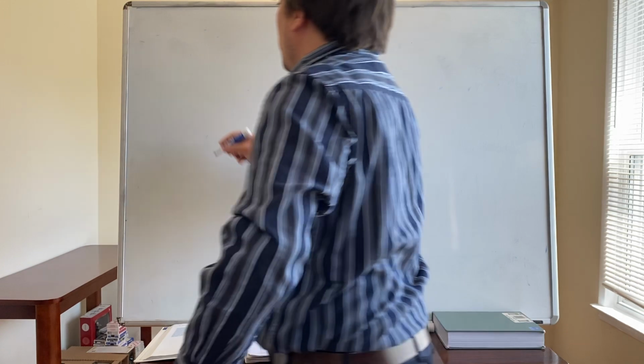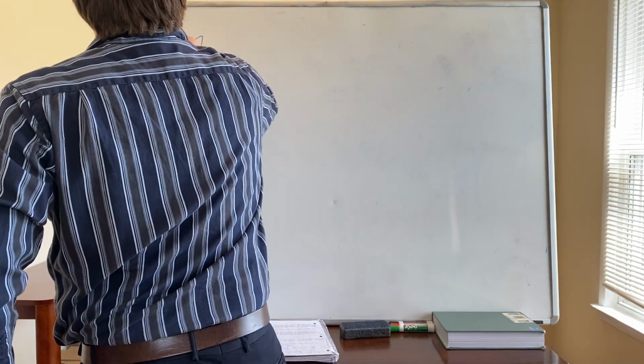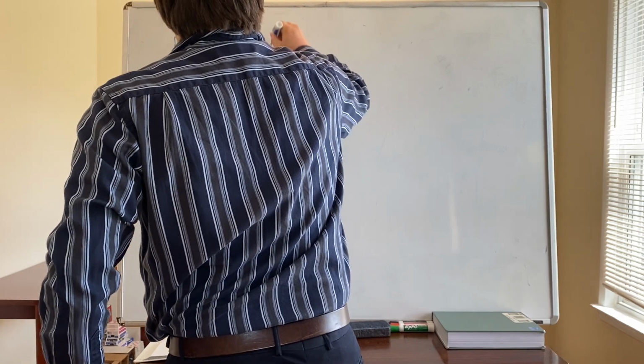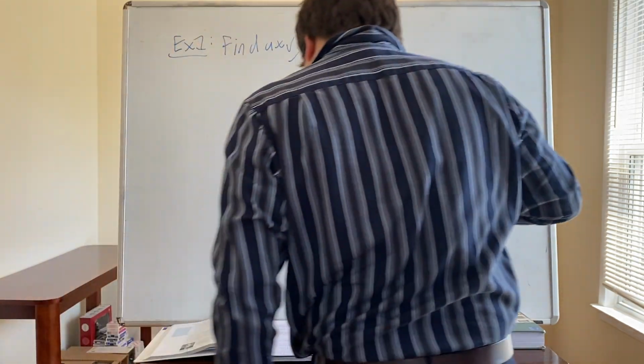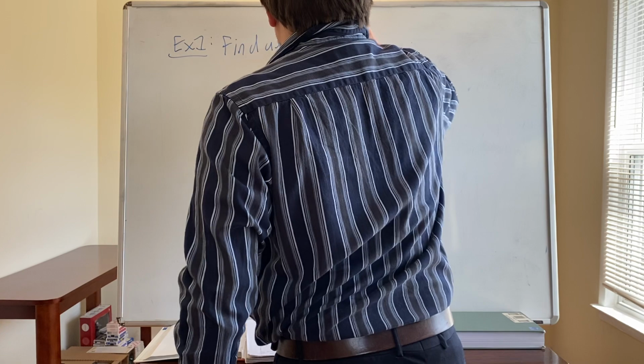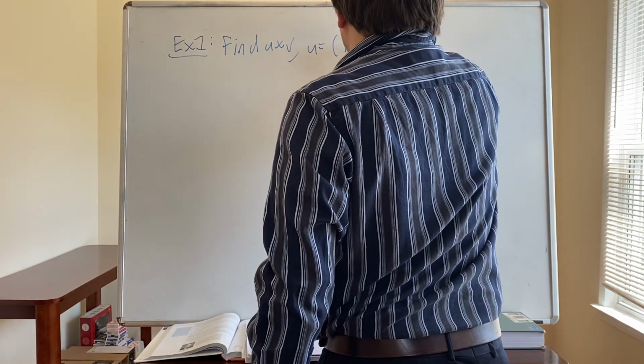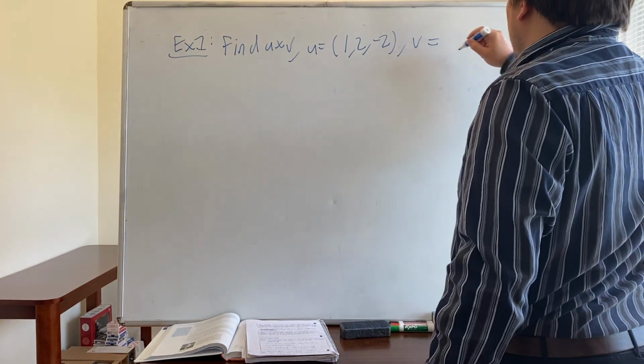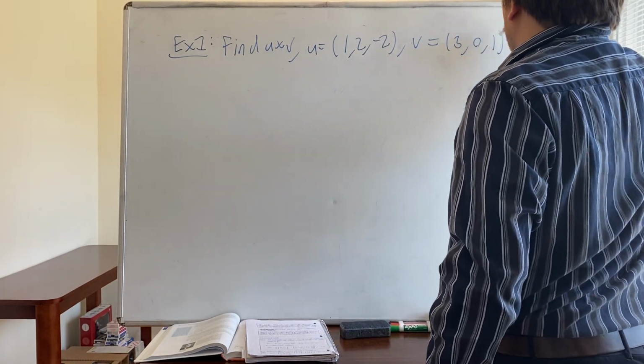Okay, so example 1, 3.5, is the following. Find U cross V, where U is equal to the vector 1, 2, negative 2, and the vector V is equal to the vector 3, 0, 1.